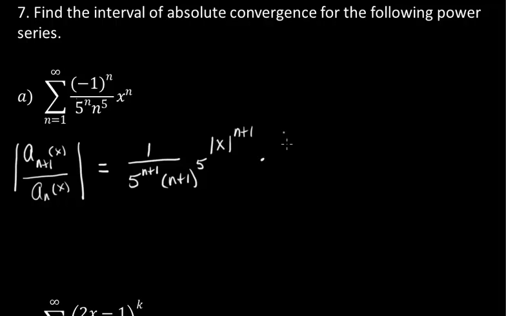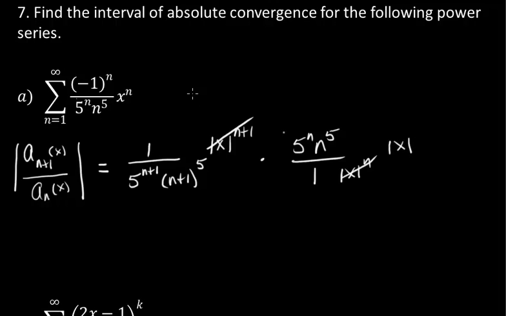Now I'll invert and multiply, and I have 5 to the n over n to the fifth over 1, and I have the absolute value of x to the n there. This is always going to cancel with this, and you're just going to have the absolute value of x left.